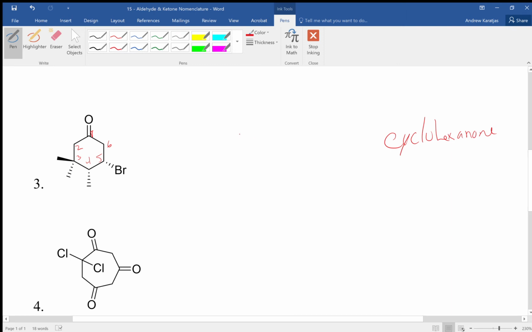We can put in the substituents, 5-bromo, 3,3,4-trimethyl cyclohexanone. Do we have any chiral centers? We have 2 chiral centers here. We find them at 4 and 5.